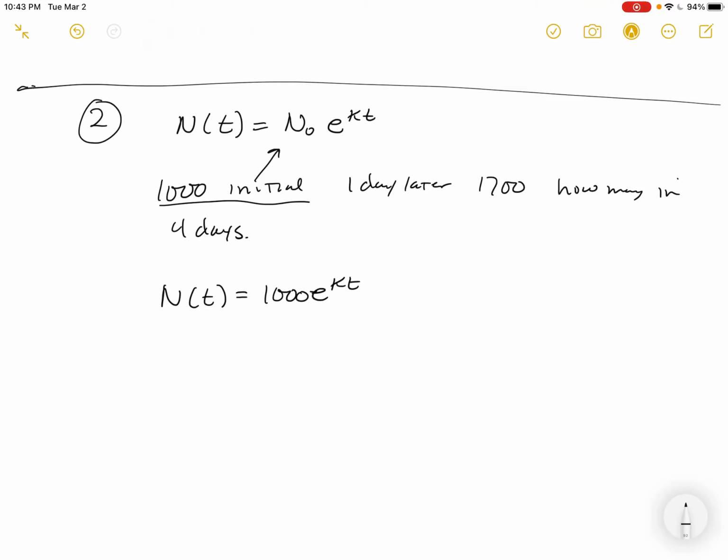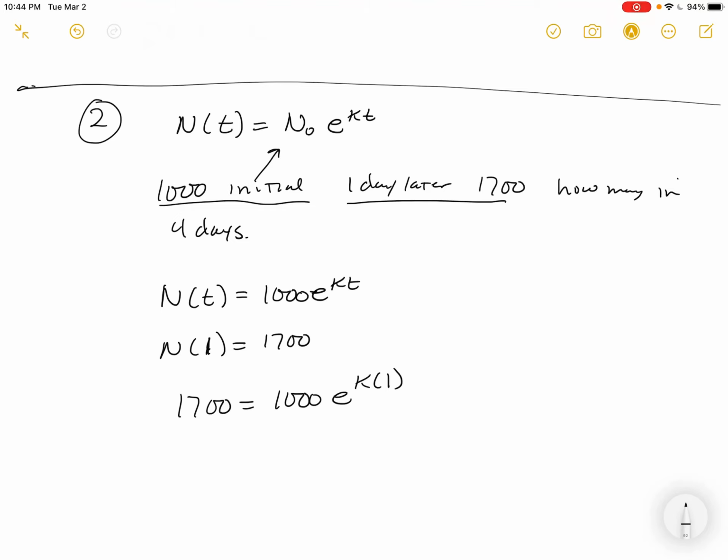Okay, so we don't know what k is. They didn't tell us. That's why they gave us this piece of information, so that we could solve for it. So what do we know? We know when t is 1, we get 1,700. Let's make that happen. So 1,700 needs to be equal to 1,000 e to the k, which we don't know, but the time was 1.